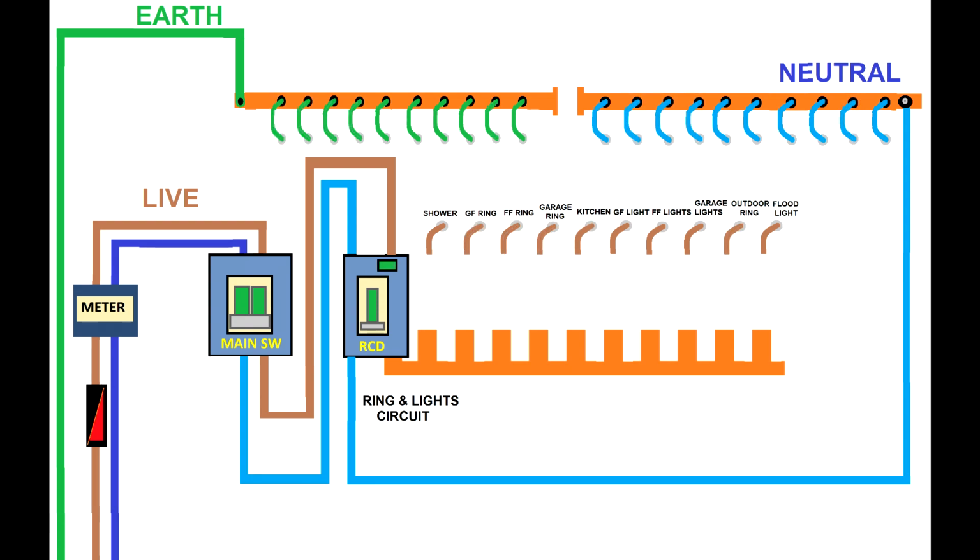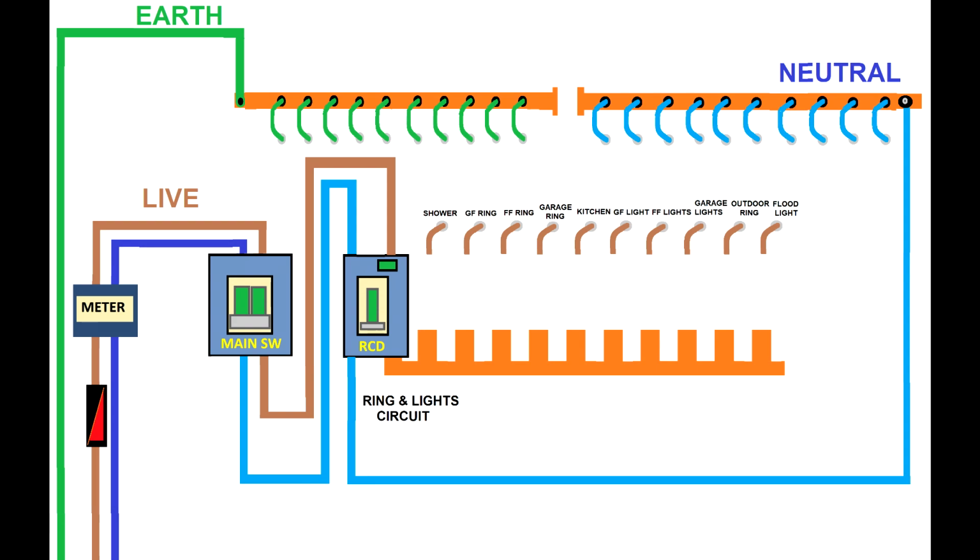When you want a quote from an electrician or from a company, you have to be very careful, not only about the price you pay, but what you get for the price you pay. In this situation, the client chose to use only one residual current device for the entire home. This is not illegal, but that residual current device will evaluate the entire earth leak for the entire home.